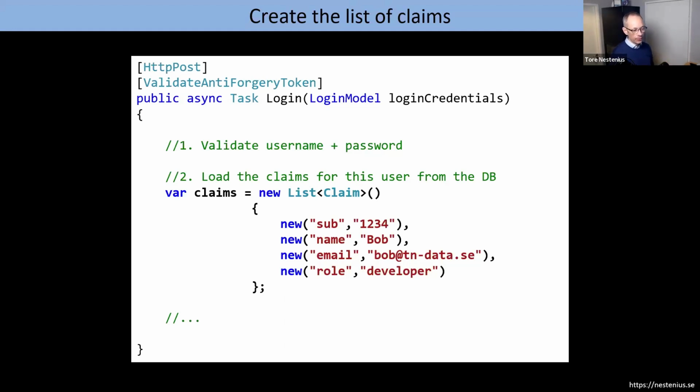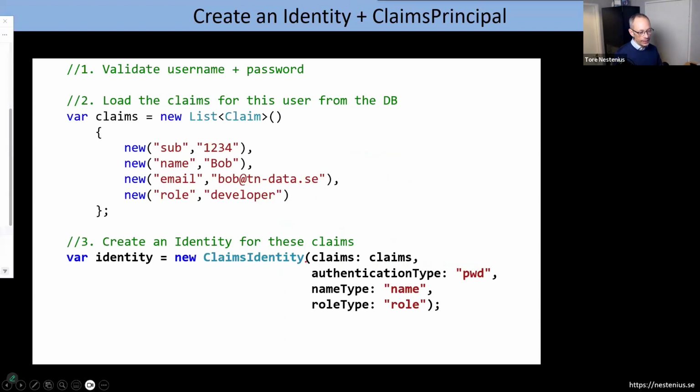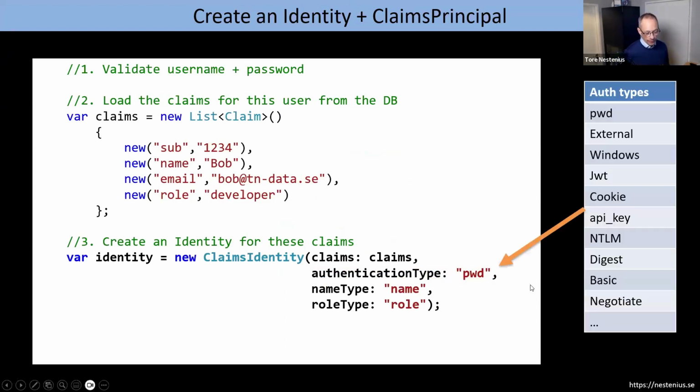So what's next? After that, you take those claims and you create a claims identity. We mentioned that in the beginning. That is basically your identity, and it contains your claims. You also include an authentication type, and the type here defines how you authenticated, in what way.